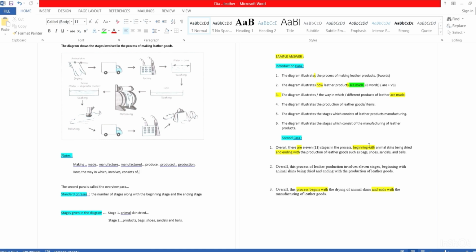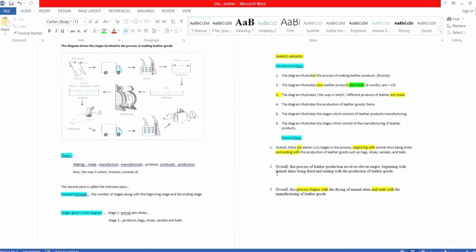So it is beginning with and ending with for sure. So let's see the answer one more time. Overall, there are 11 stages in the process, beginning with animal skins being dried and ending with the production of leather goods such as bags, shoes, sandals, and balls.